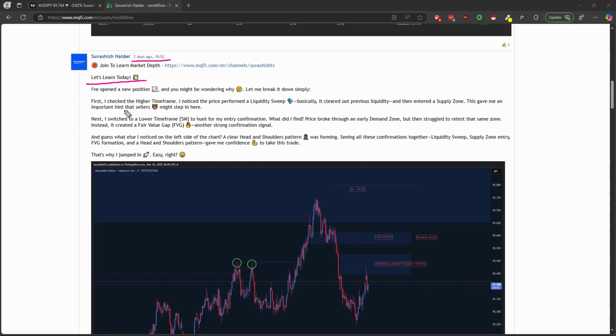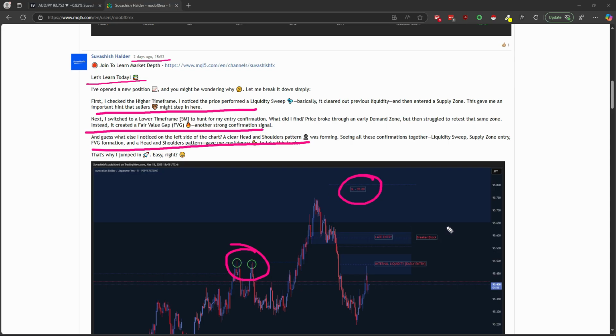You can see that I point everything out, why I mark this area, where the SL should be, and the late entry that most traders miss. But if you manage the risk, adjust your lot size and don't be greedy, you can get this setup.